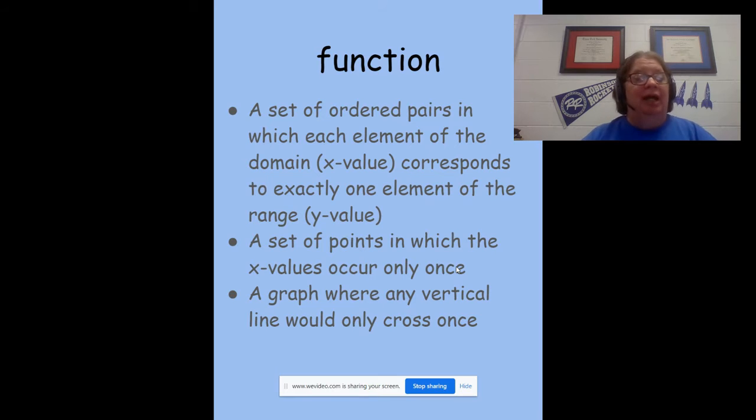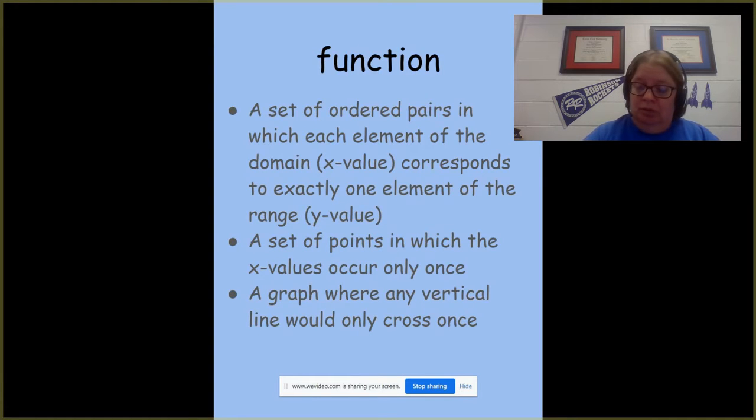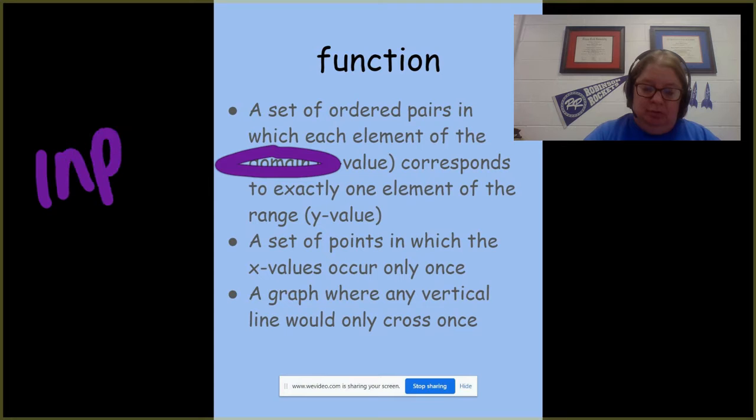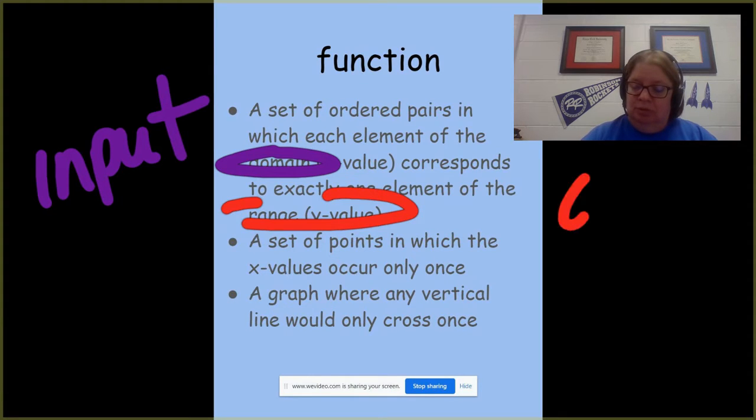So each input has one output, each x has one y, each domain element has only one range element. That's output.